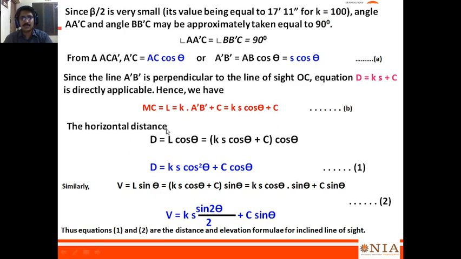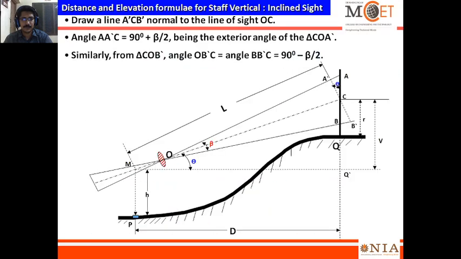The horizontal distance D is equal to, how we can get, see, the distance, this can be obtained: cos theta is equal to adjacent by hypotenuse, right? And here the L is involved.